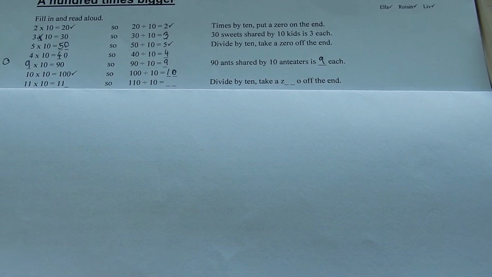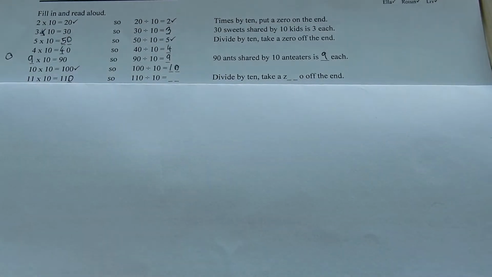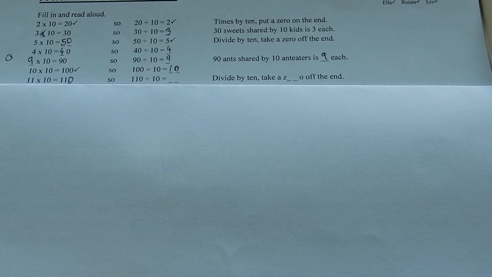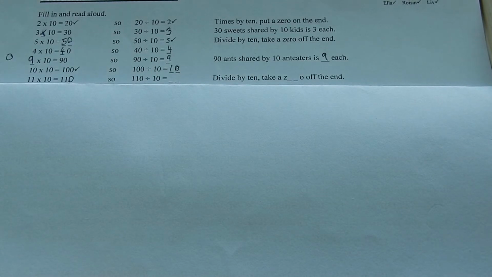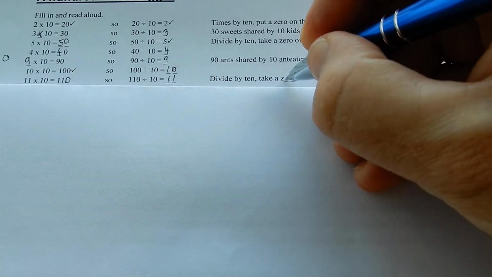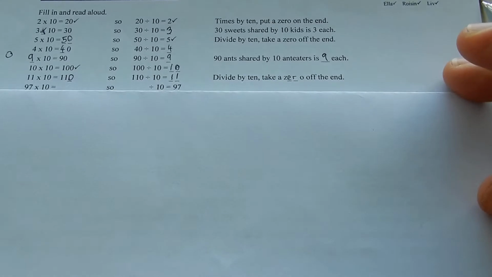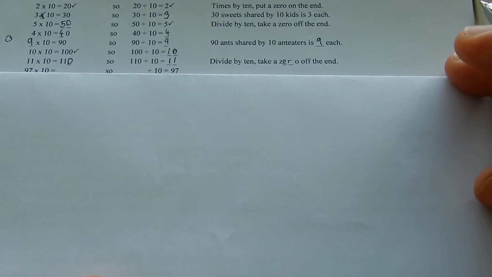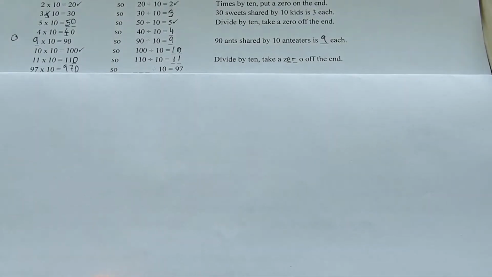11 times 10 is 11 with a 0. 110 divided by 10, take the 0 off the end. Divide by 10, take a 0 off the end. 97 times 10, 97 with a 0 on the end. 970.